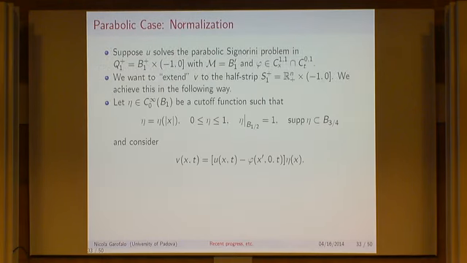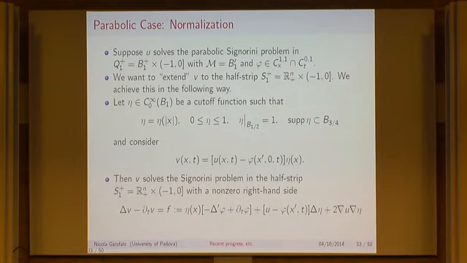However, there is a problem, of course. If I take a cutoff function in space, eta, the usual bump function, and I call v the function (u minus the obstacle) multiplied by eta. Notice that I'm subtracting the obstacle so that I reduce myself to the case of zero obstacle.